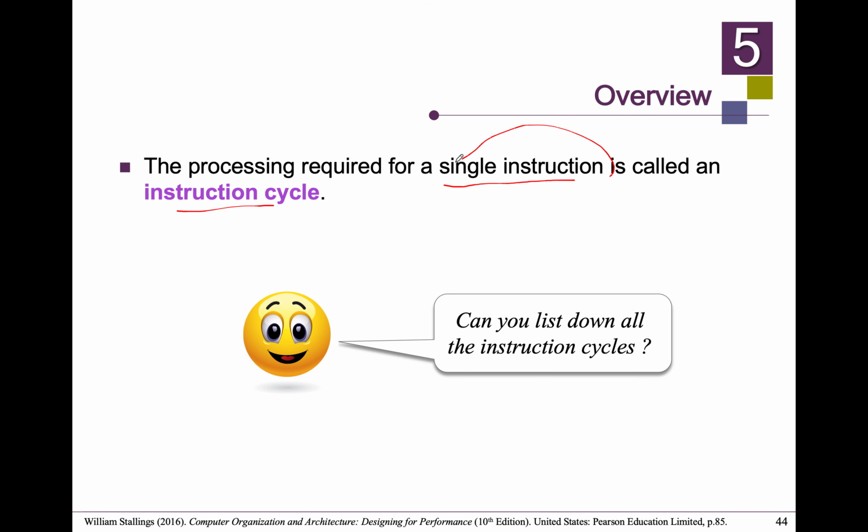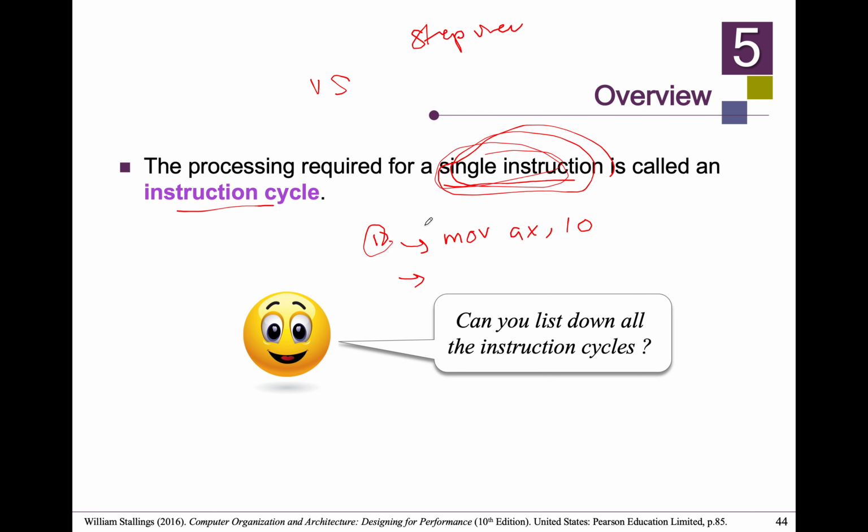What is a single instruction? Normally you see something like MOV EAX, 10, let's say. This is one instruction, and you can see in your Visual Studio there is a step over. When you press F11, if I'm not mistaken, you can see it's step over. So this one step means that it is a single instruction.